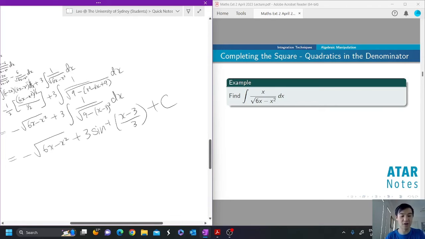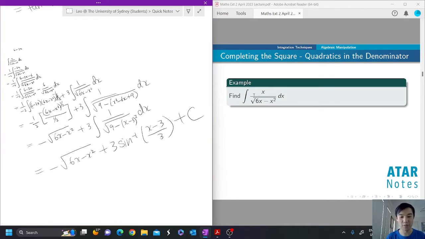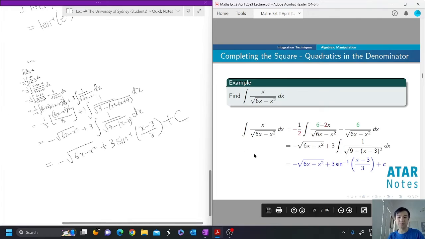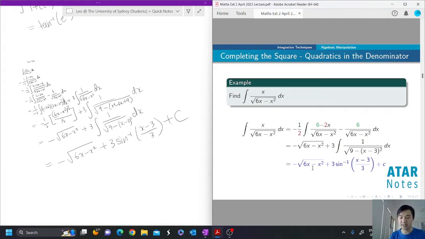And that is our final integral for what we get when we integrate x over root 6x minus x squared with respect to x. And we can see, yep, that's exactly what we got here from the working. So it will be minus root 6x minus x squared plus 3 inverse sine of (x minus 3) over 3, plus c.